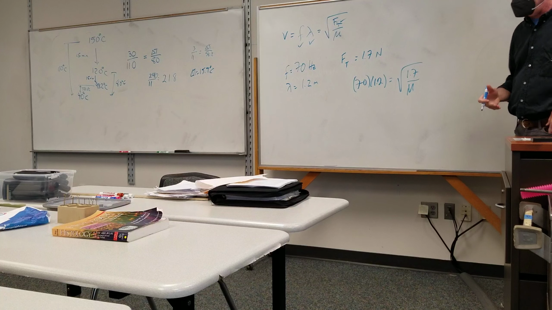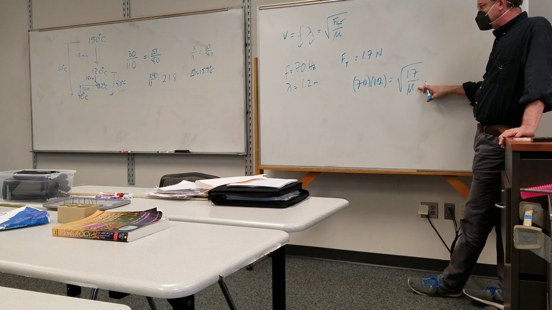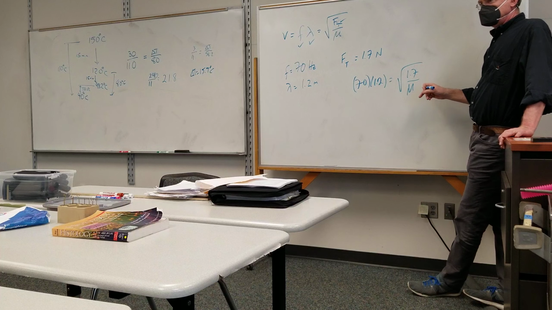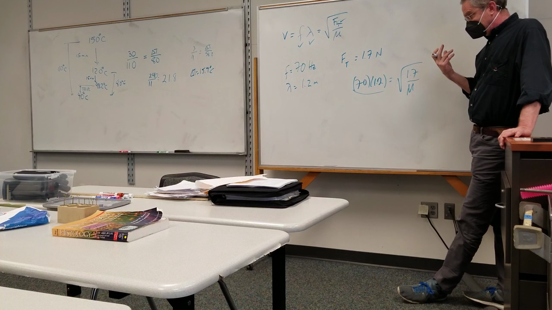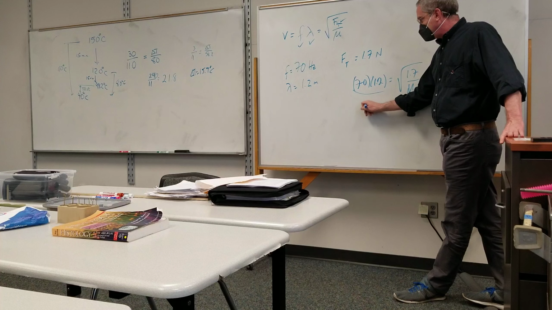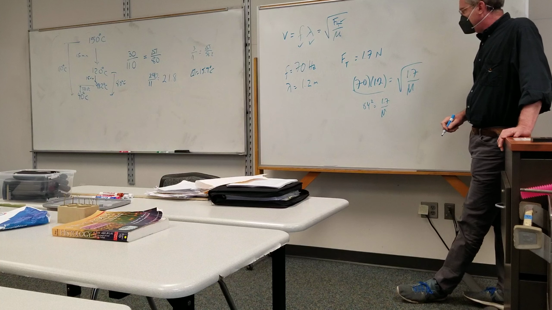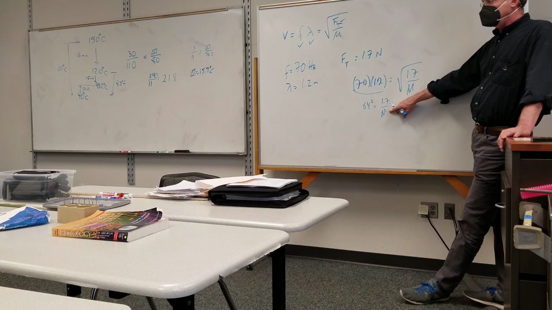If you get it set up, it's a calculator exercise. I'm trying to find mu. The first thing I need to do is get rid of that square root, so I square both sides. That's 84, I believe. So 84 squared is equal to 1.7 over mu. That gets rid of the radical. Now I need to get mu by itself and on the top.